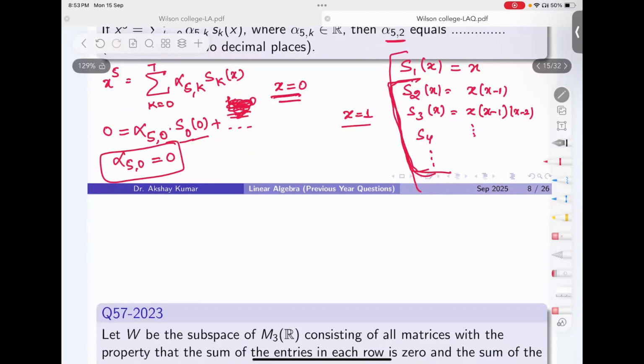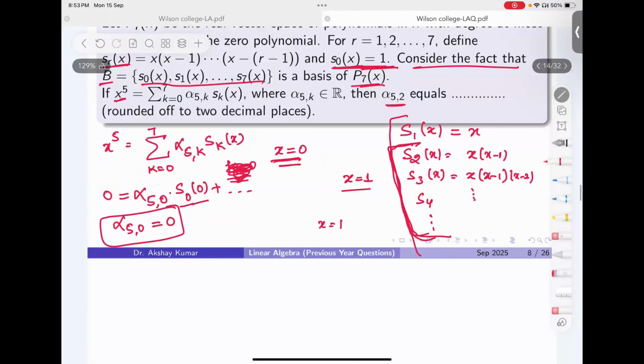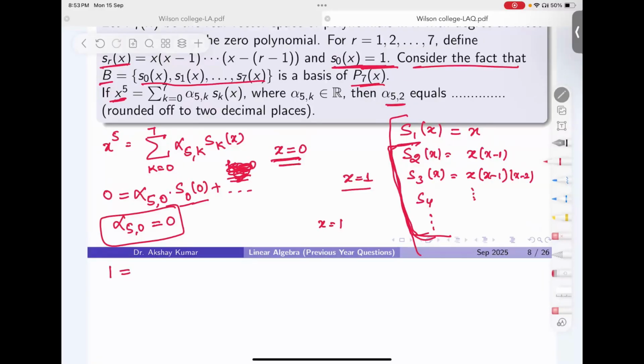Now, if you put x equals to 1 on both sides, what will you get here? 1 to the power 5, so 1 equals alpha_{5,0} S_0(1) plus alpha_{5,1} S_1(1), plus for S_2 and greater polynomials, 1 is a root of all of them, so it will be 0.